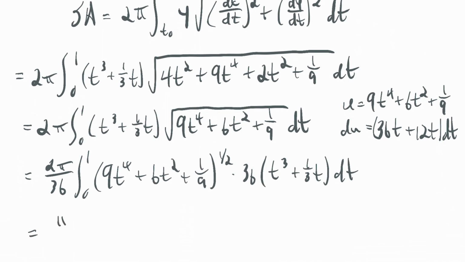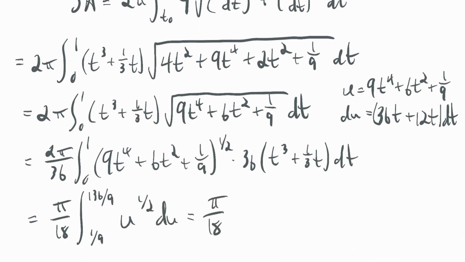So this will be pi over 18 times the integral from 1/9 to, I believe it's 136 ninths. Let's double check. If I plug 1 into here, I'll have 9 plus 6 plus 1/9. So I'll have 15 plus 1/9. Yeah, 15 times 9 is 135. So 136 over 9. Okay, u to the 1/2 du.